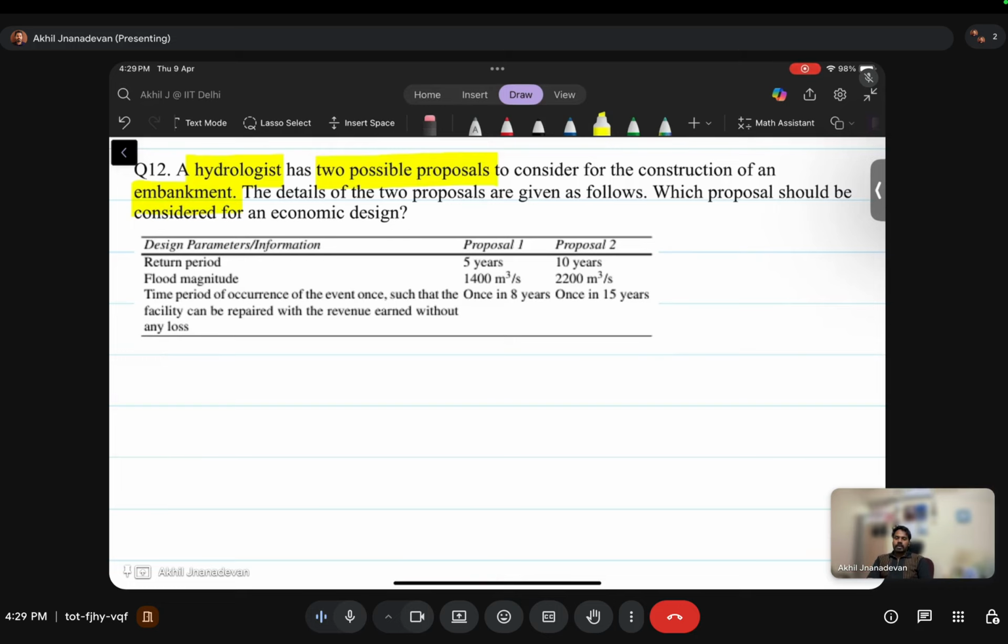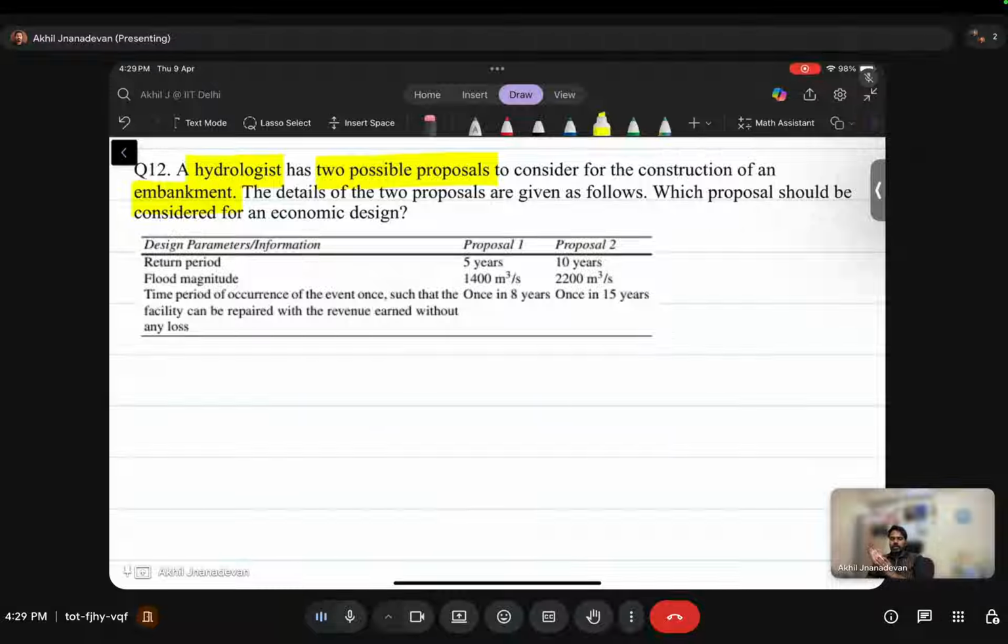The economic design means whether we should go for a 5-year return period flood and design in that way, whether that is economical, or we should go for a 10-year proposal. So we are given the return period.